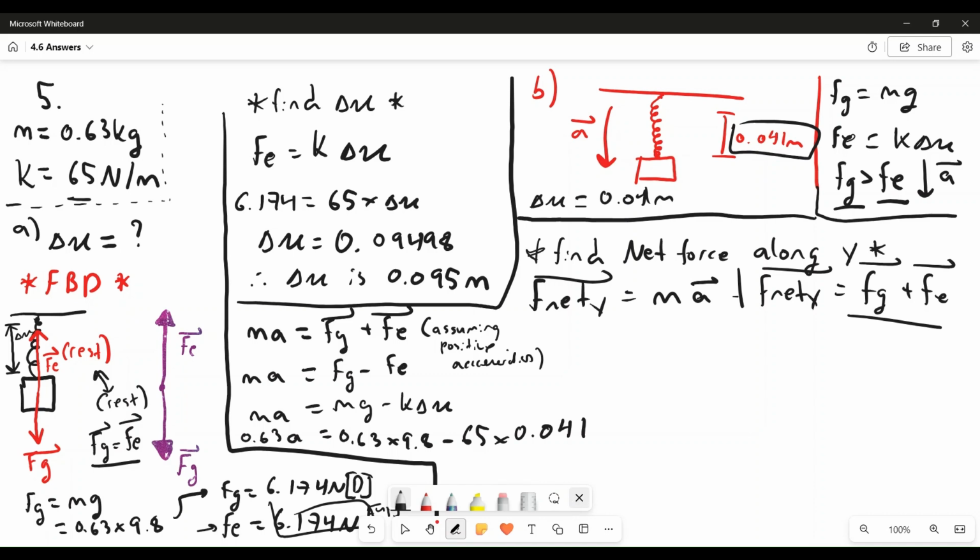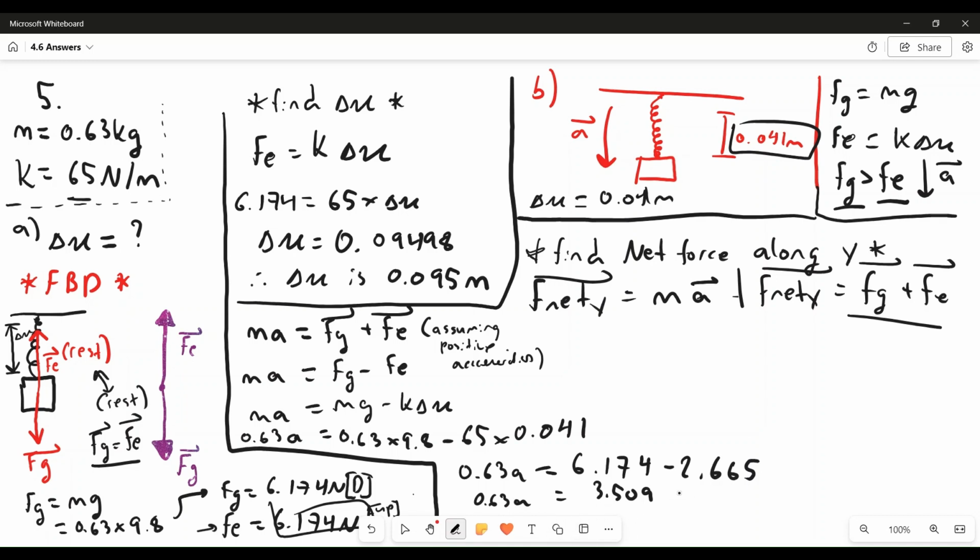And as we solve, 0.63a is equal to, you should get, on the right side over here, 6.174 minus 2.665, which is 3.509.